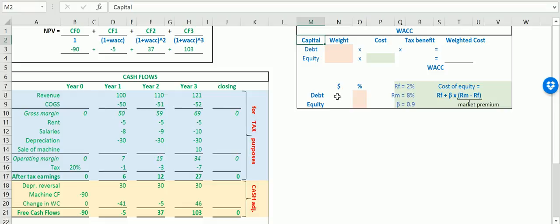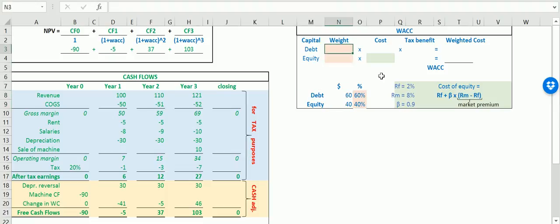So the discount rate. Let's first calculate the weight. So say debt is 60 and equity is 40. Then, to make my life easy, I chose these numbers. The weight of those numbers, so 60 is of course 60% of the total and 40 is 40% of the total.